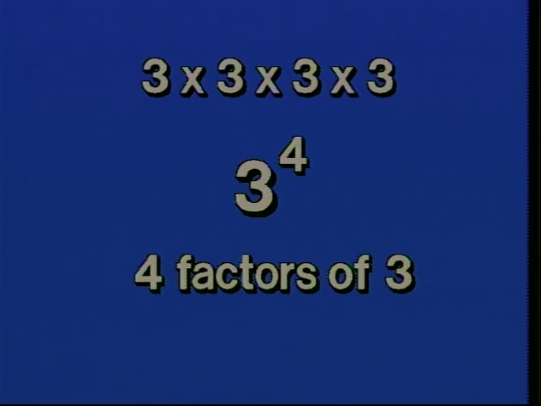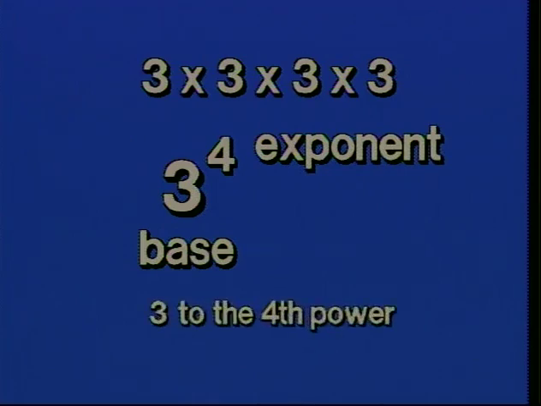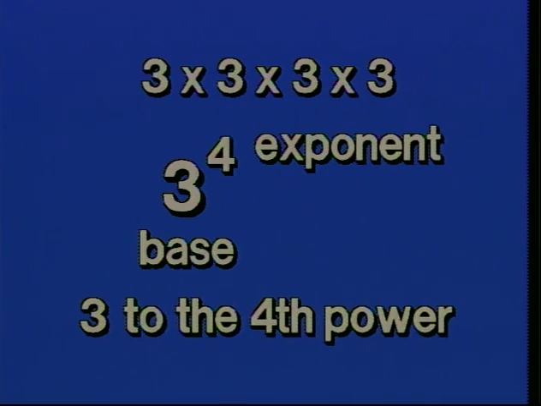In this situation, the 3 is called the base of the exponent, and 4 is called the exponent. The exponent simply tells us the number of times that the base is used as a factor. So the exponent 4 says we have 4 factors of 3. And we read this 3 to the 4th power.